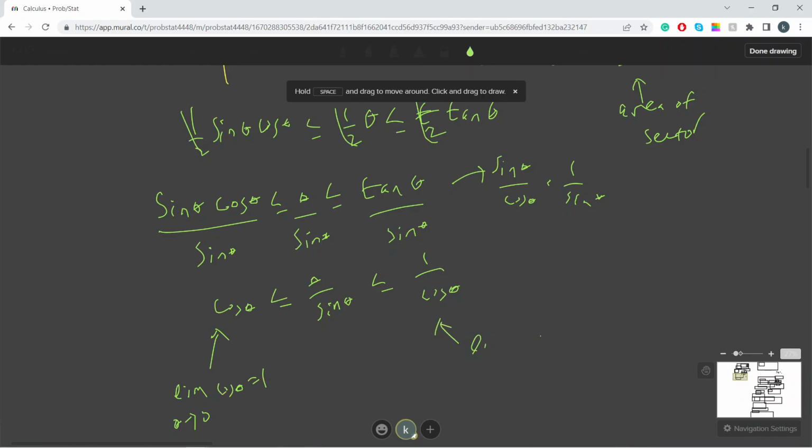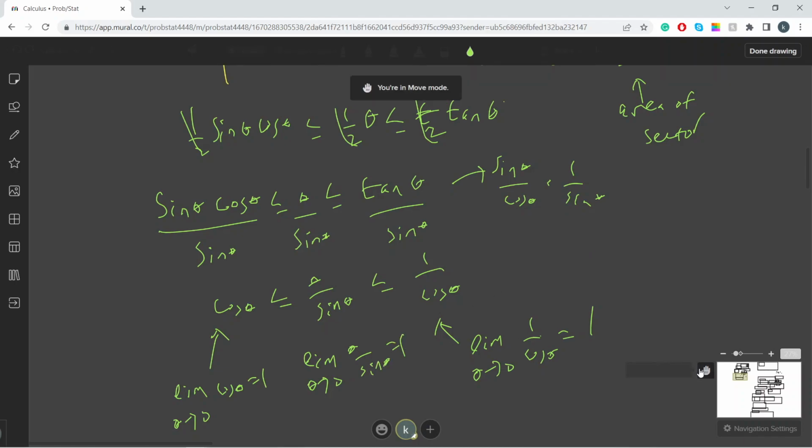And we also know that the limit as theta approaches 0 of 1 over cosine theta is also going to be equal to 1 because 1 over 1 is 1. So by the squeeze theorem, we know that the limit as theta approaches 0 of theta over sine theta must equal 1. But wait a minute.